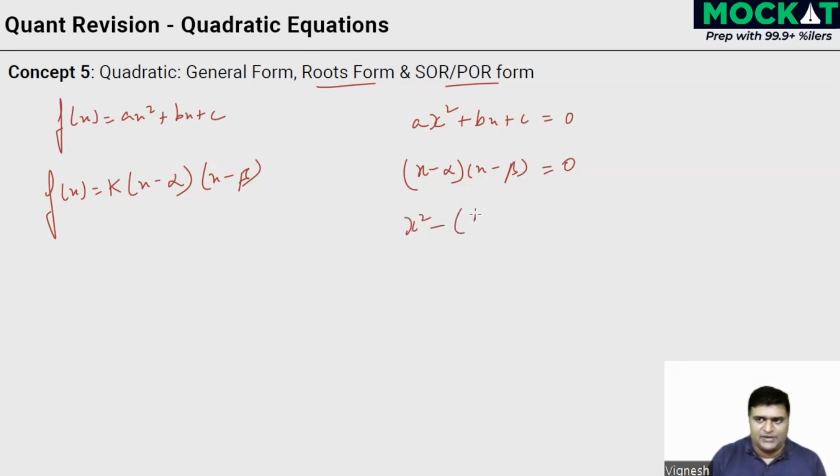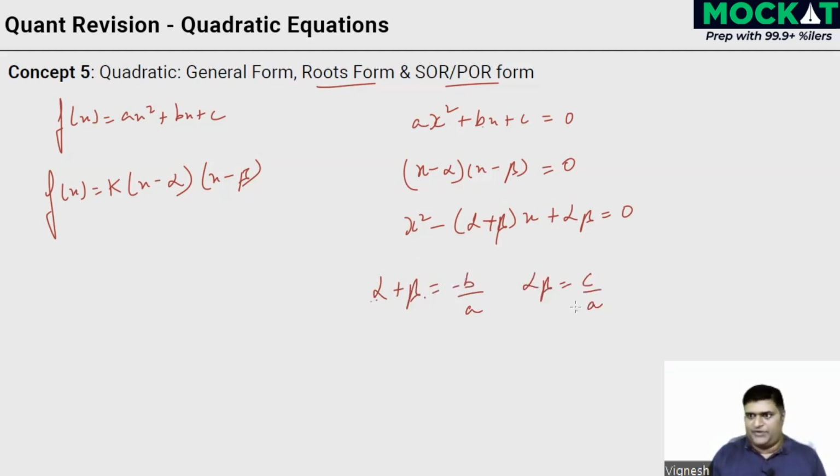And when you expand, it can be written as x square minus alpha plus beta into x plus alpha beta equals 0. That gives rise to the two important things, right? Alpha plus beta is nothing but minus b by a, and alpha beta, the product of the roots, is going to be c by a, the constant by the x squared coefficient, right? So these are the bits you need to remember.